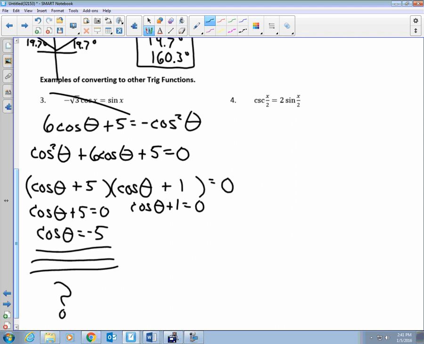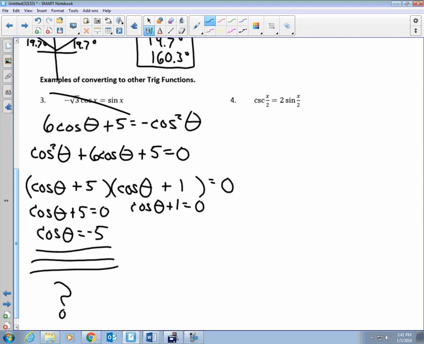What's the biggest that cosine can be? 1. What's the smallest it can be? Negative 1. Can cosine ever be equal to negative 5? If you try it on your calculator, see what you get. Very good. You get errors.